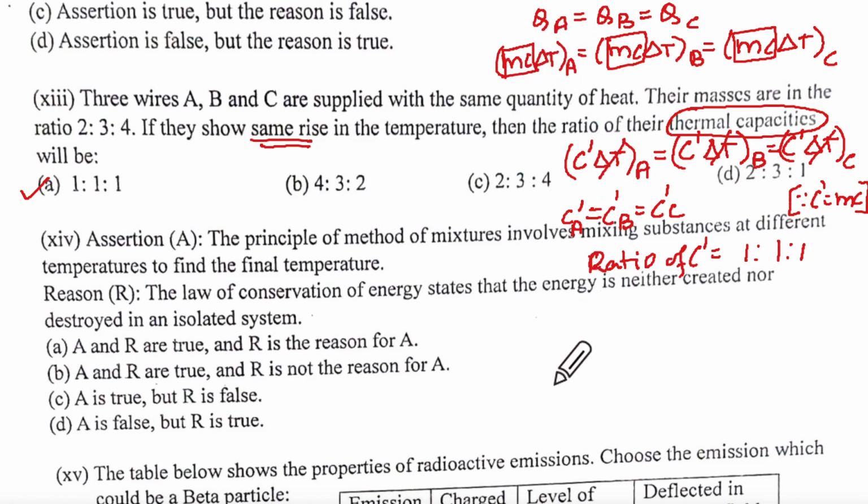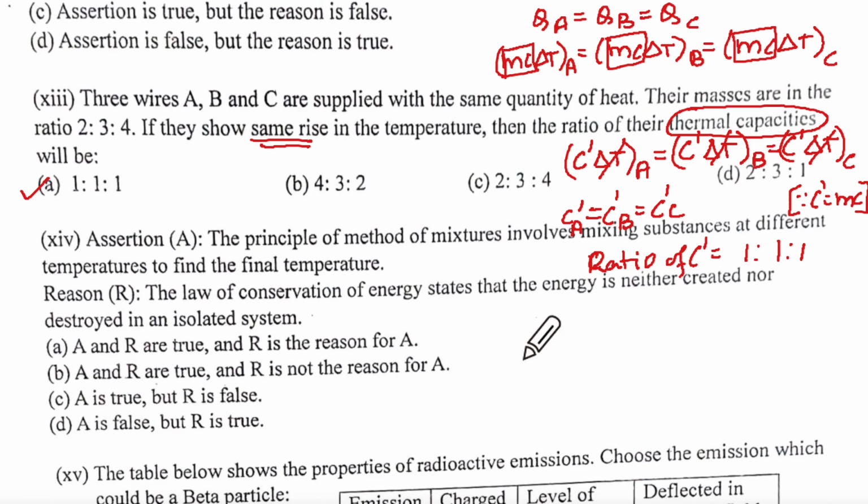Instead of M into C, I have to put C dash, no? Thermal capacity means what? Whatever is the body, how much heat energy it requires to raise the temperature by 1 degree C, correct? It doesn't matter if I have a big vessel or a small vessel. Heat capacity is independent of its mass.